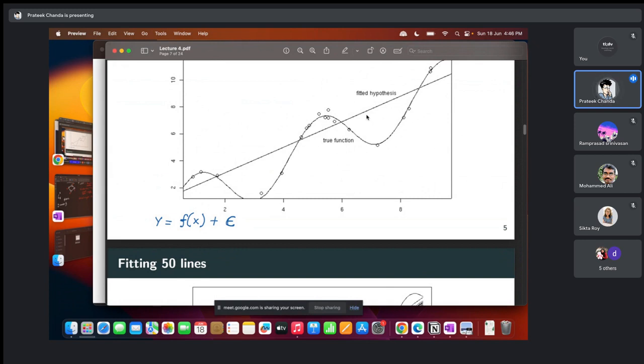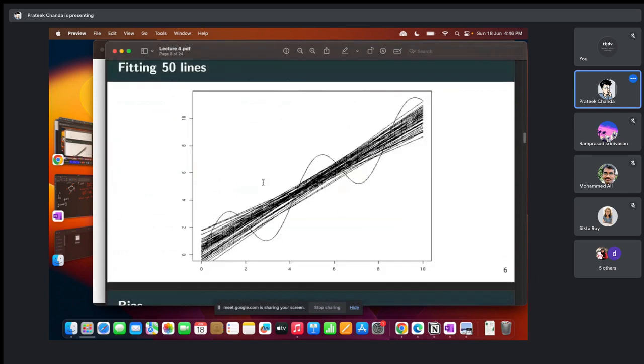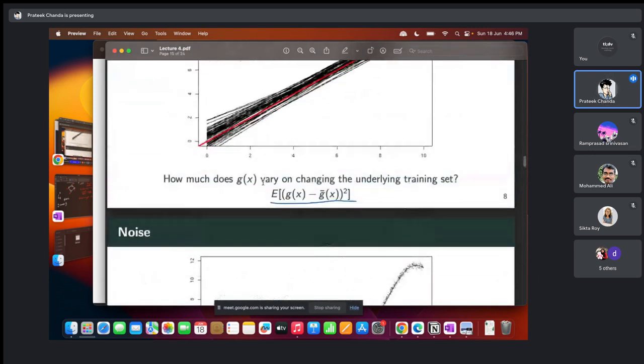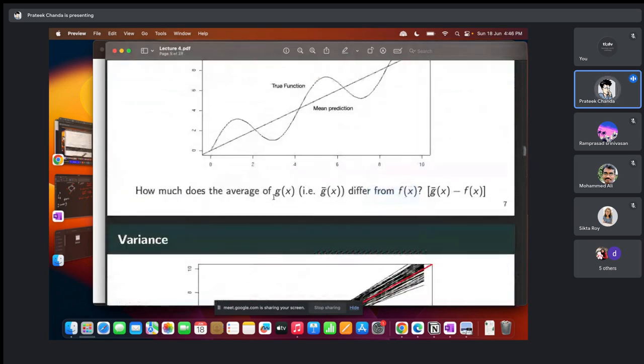They have some gaps between them. In this case you have a gap here, and in this case a gap here. That epsilon captures those gaps. So bias is basically how much my true function differs from the average of g(x), or g bar of x. I write it as g bar of x minus f(x).